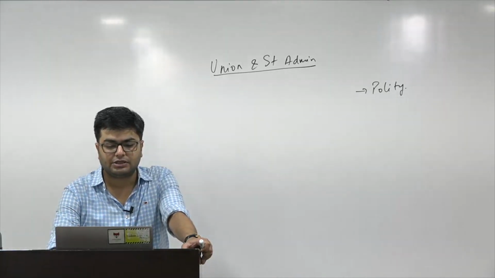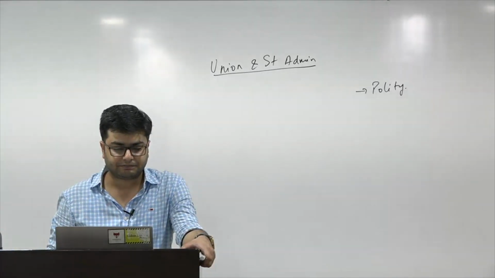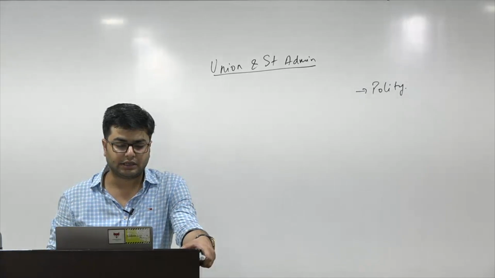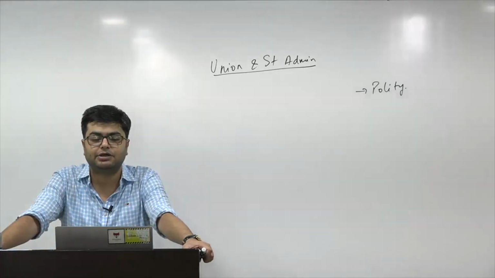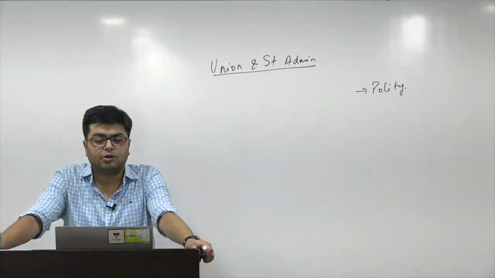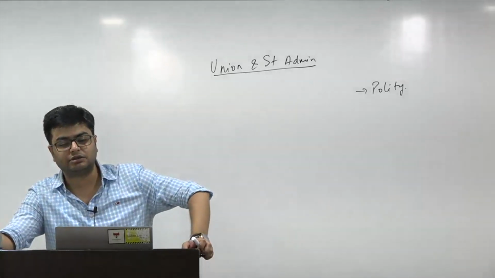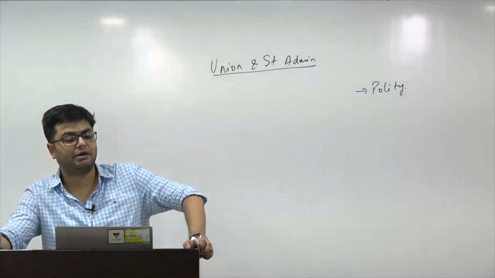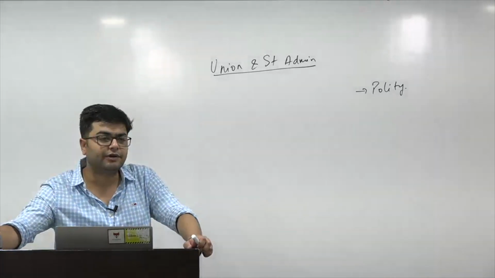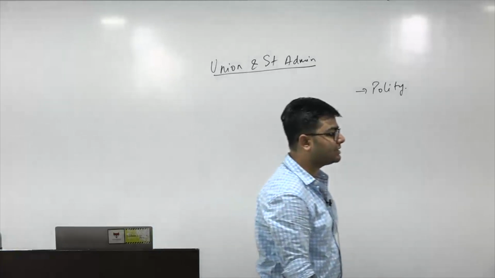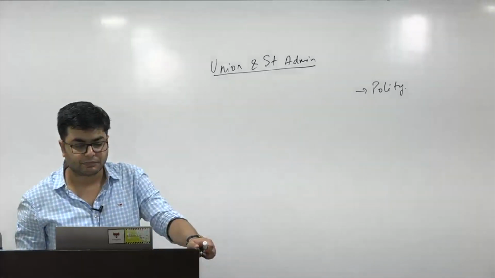If you see the units, in terms of the union government and administration, and state government and administration, they are largely looking at the polity elements: executive, judiciary, functions, intergovernmental relations, central secretariat, ministries, departments, and you will be using the knowledge of polity as in the articles of the constitution.